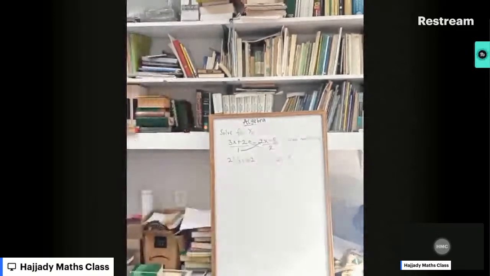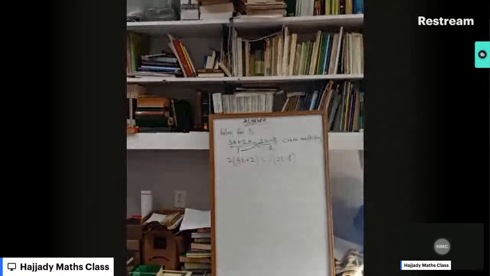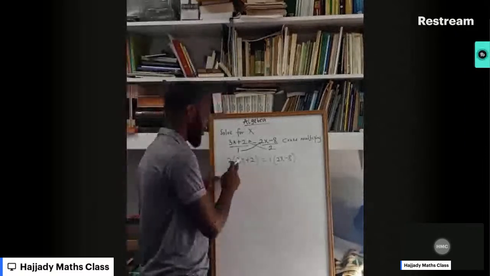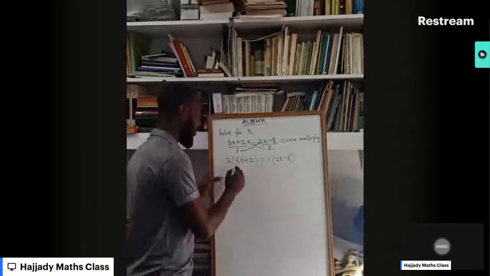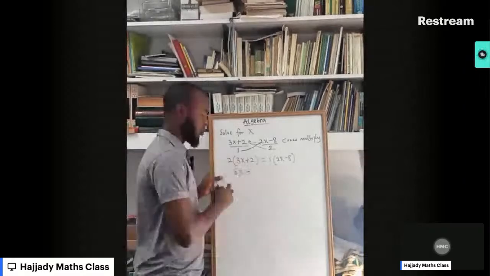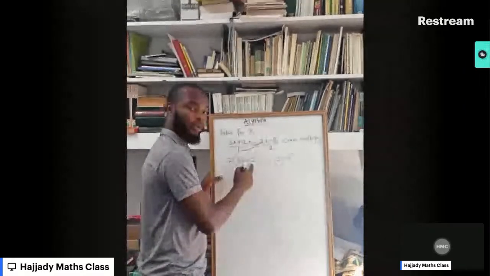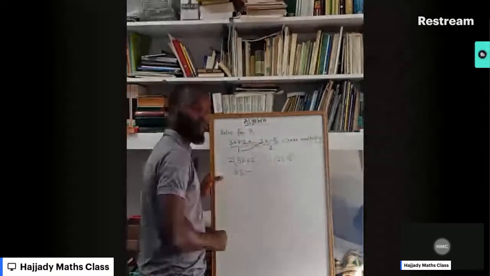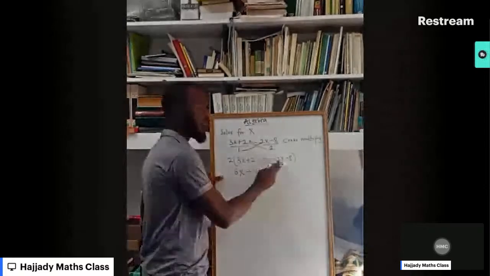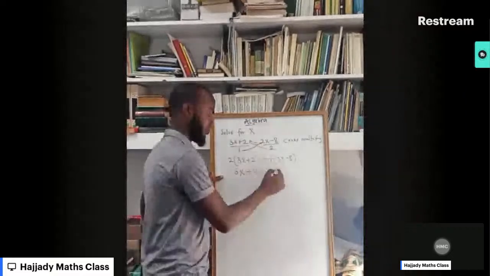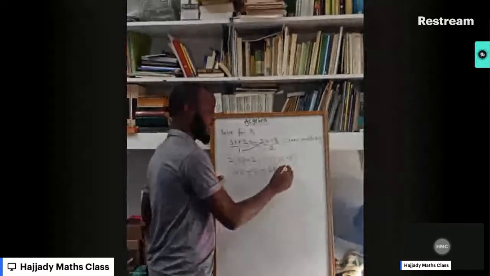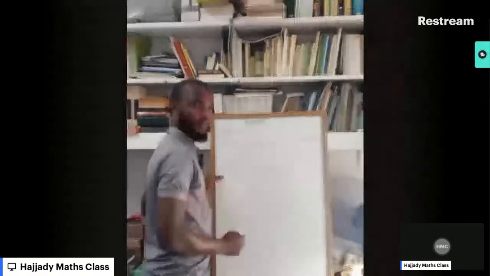So by doing this, here we have 2 multiplying 3x, which is 6x. 2 multiplying 2, here I have 4. Equal 1 multiplying 2x gives 2x. 1 multiplying negative 8 gives negative 8.